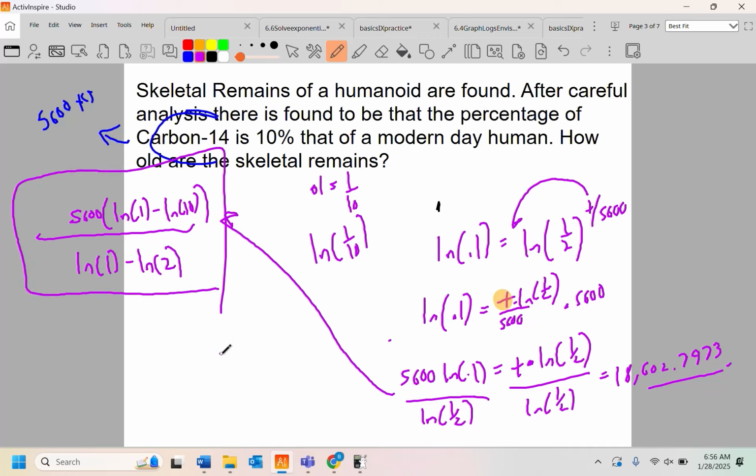This is the highest level answer you can possibly give. You are simplifying, you are breaking things down, breaking them apart. You could even take this natural log of 1. It's nothing. What is the natural log of 1? It is 0. So you could really make this thing look like negative 5600 ln of 10 over a negative ln of 2.